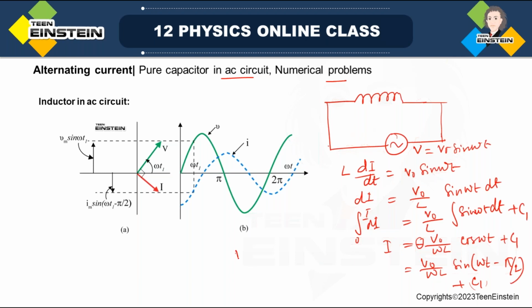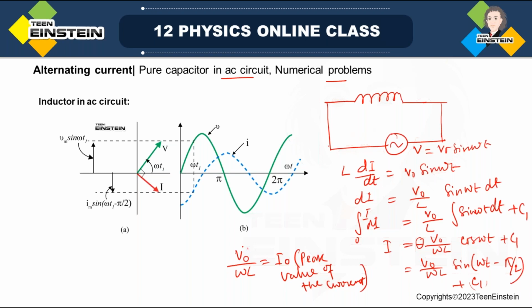So V0 by omega L has the dimension of current. We wrote I0. I0 means the peak value of the current.